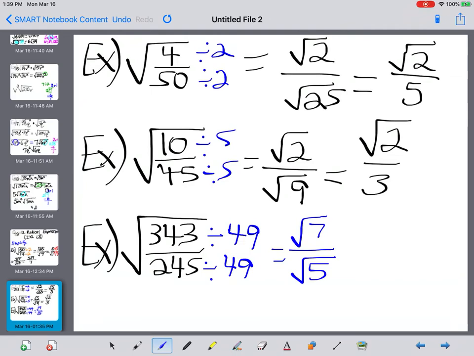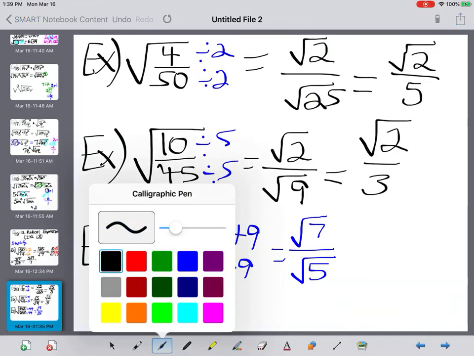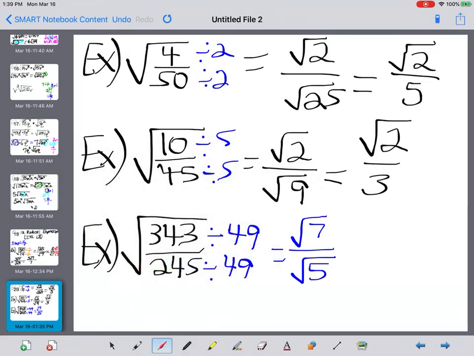Okay. So on this one, well, I need to rationalize the denominator. And the way I would do that is multiply by square root of 5 on the top and bottom. That will take care of that square root of 5, because we cannot have a radical on the bottom.